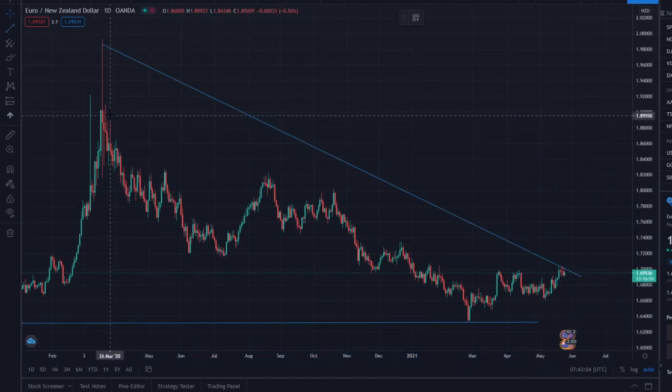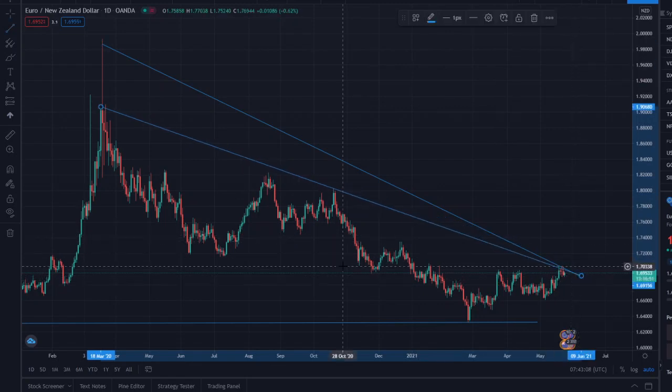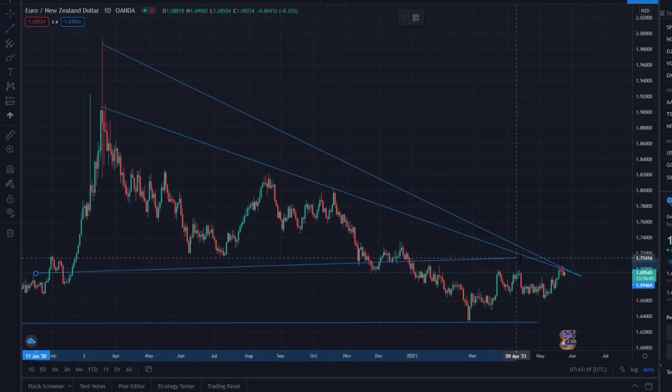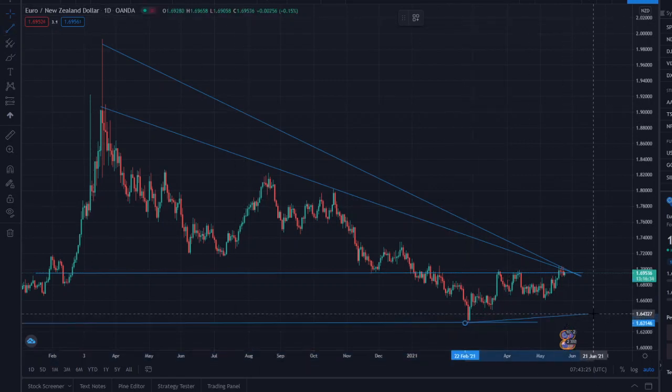So overall, we've had this downtrend where we retouched the trend line, and now we are trying to break out of the support line.